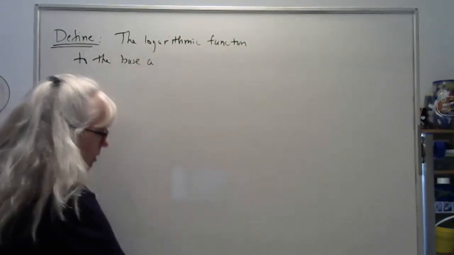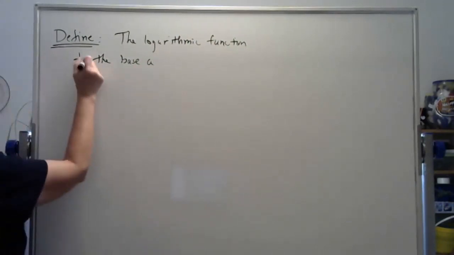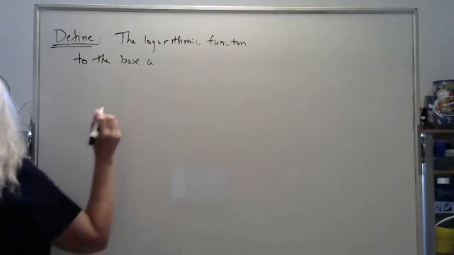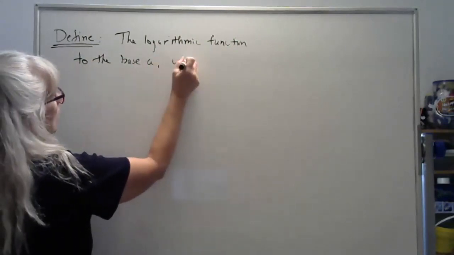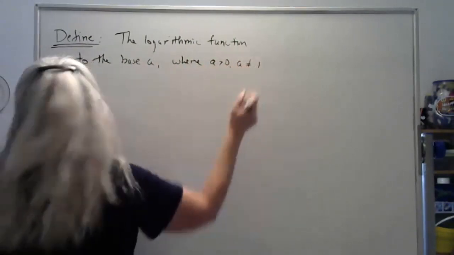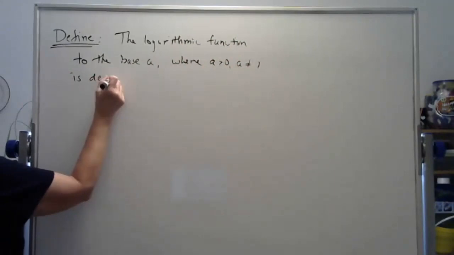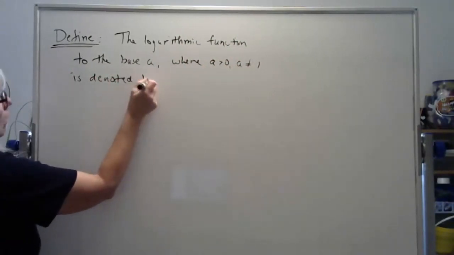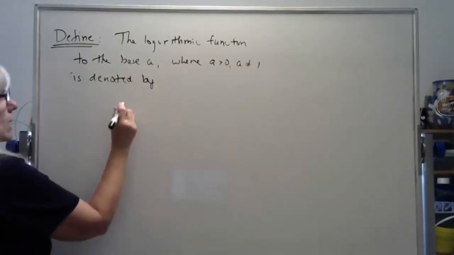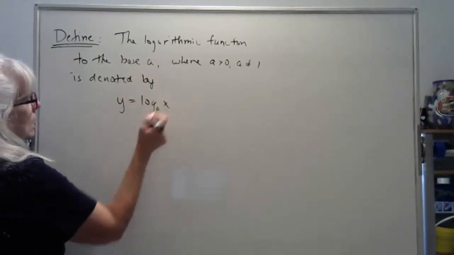So we'll go for that generic base again, so not a base 2, but a base a, where a is, same restrictions, greater than 0, not equal to 1, is denoted by, okay, y equals log base a of x.